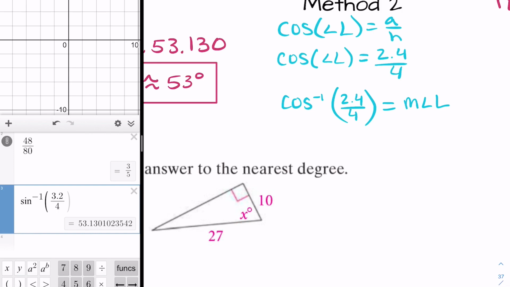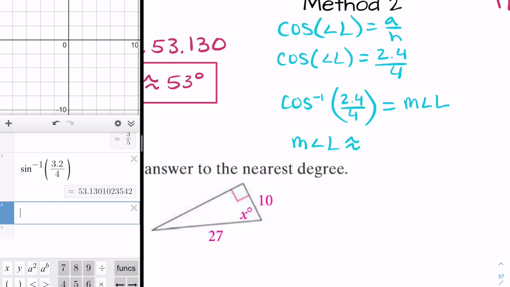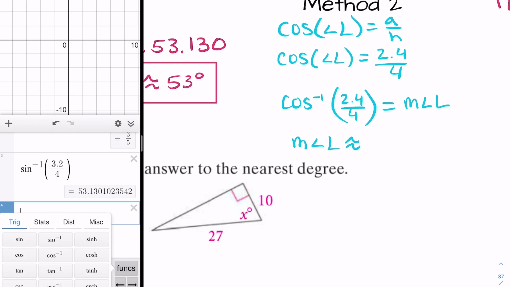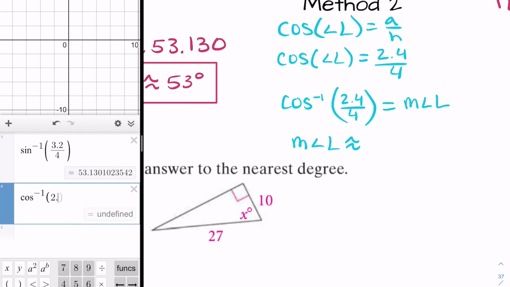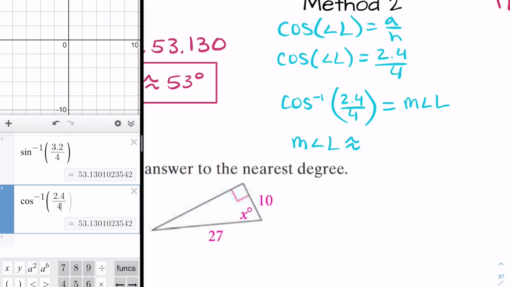And so now I'm going to say the measure of angle L approximately equals, and I'm going to go to my function and type in cosine inverse of 2.4 over 4, and I get 53.130.